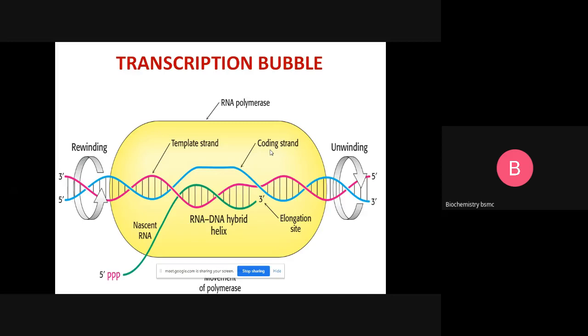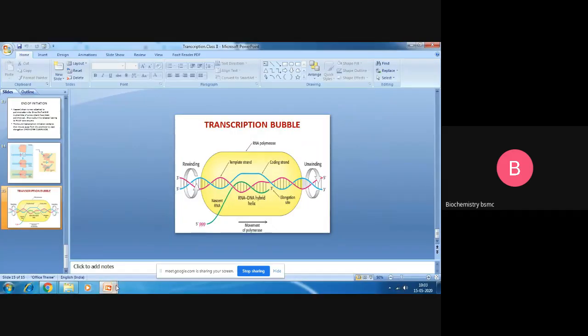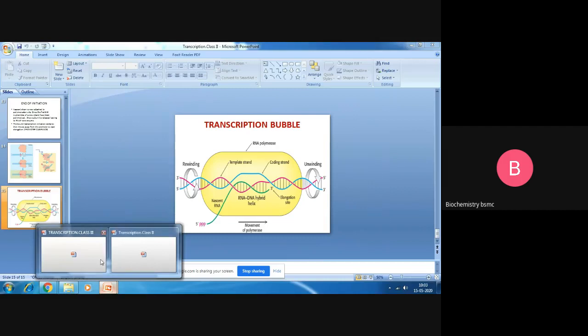After the first nucleotide, the 3' end is free. So you see the 5' end of the growing RNA chain, which is shown in green, and gradually it is growing, and it is the 3' end. So now we will come back to the original talk, that is lecture 3.